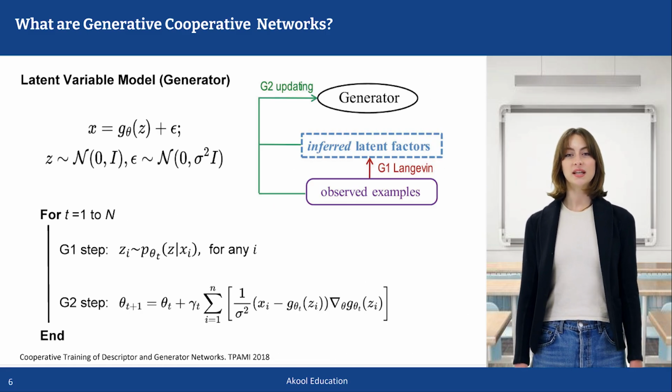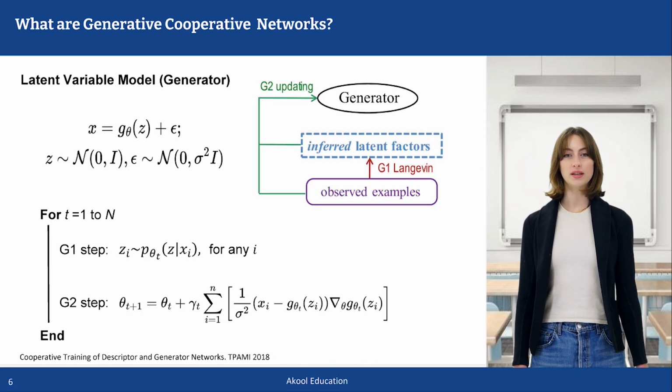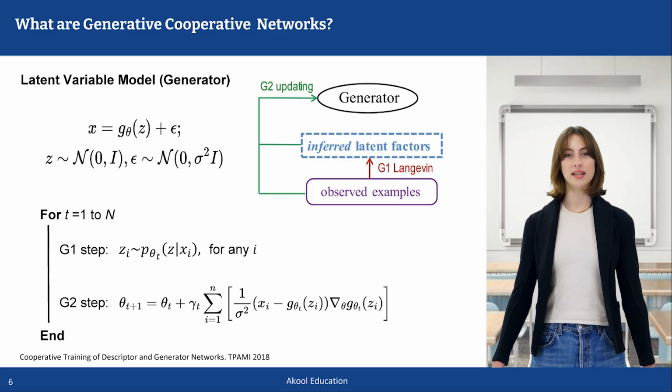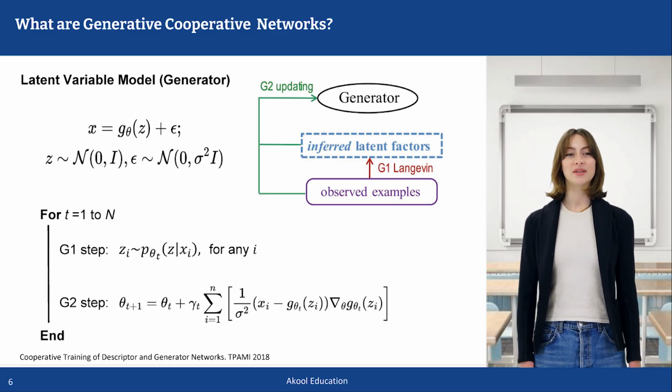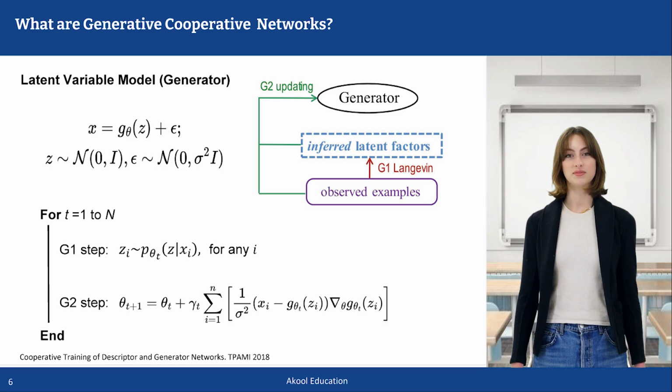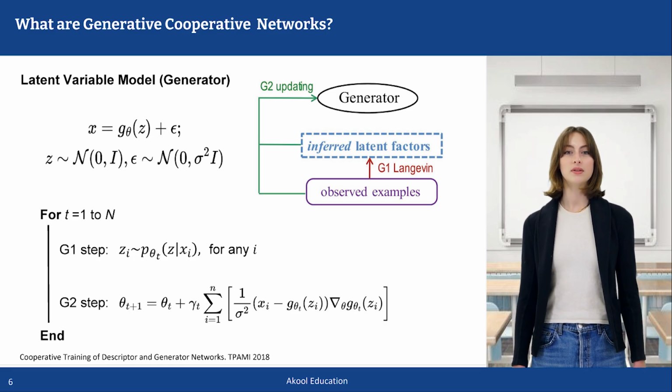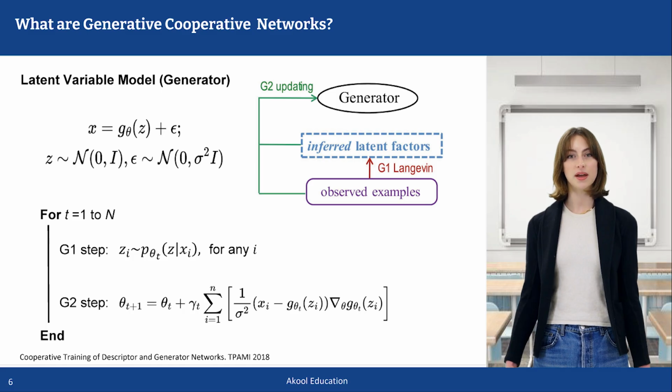Next, let's discuss the other component of the framework, the generator, which is a latent variable model. The generator assumes that each data example can be generated by transforming latent variables drawn from a prior distribution. This transformation is modeled by a neural network G of z, where theta are the generator parameters.